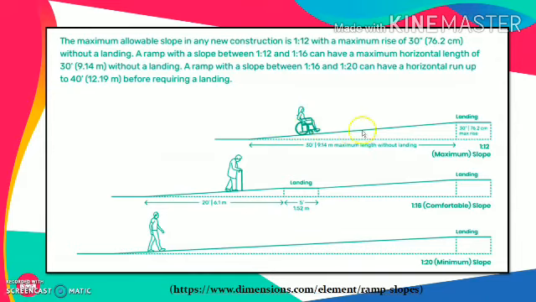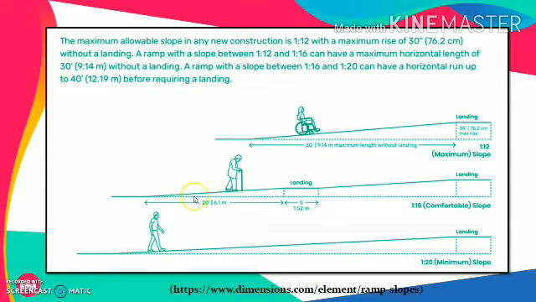In such a case, a slope is always advisable as compared to steps. It should have a maximum length of 30 feet or 9.14 meters without a landing, and in that distance we can cover a maximum of around 30 inches or 76 centimeters in the vertical direction.